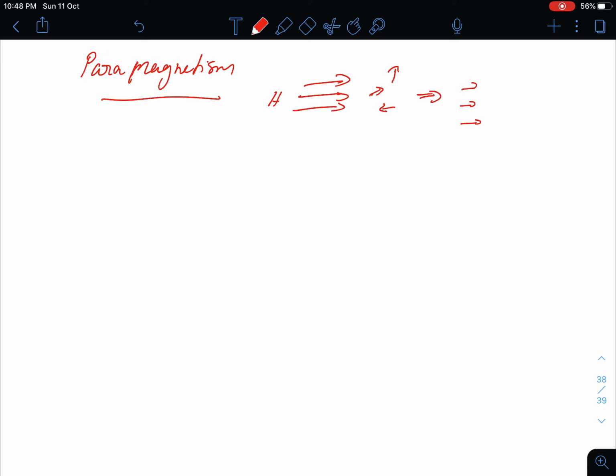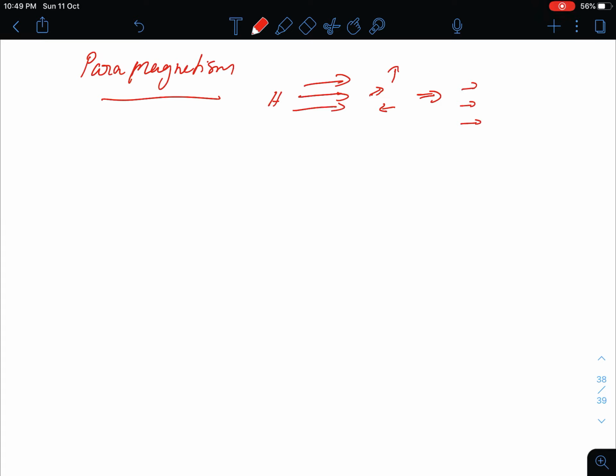So finally they get magnetized. Suppose there is no other tendency which obstructs this phenomenon, then the paramagnetic substance would completely get magnetized.